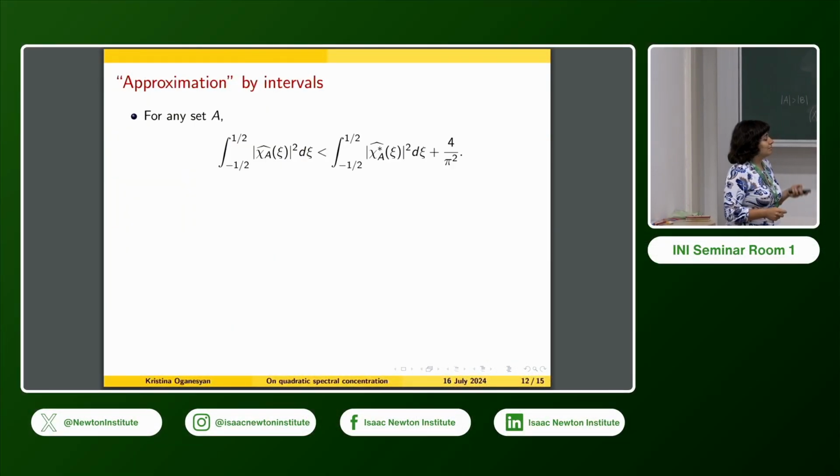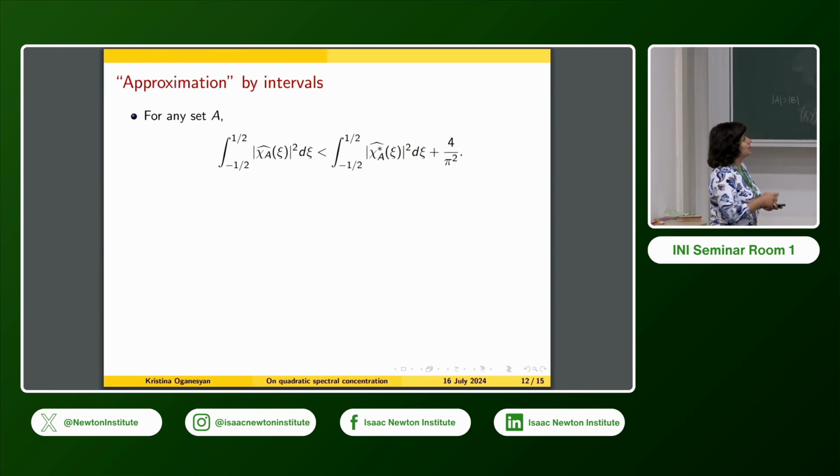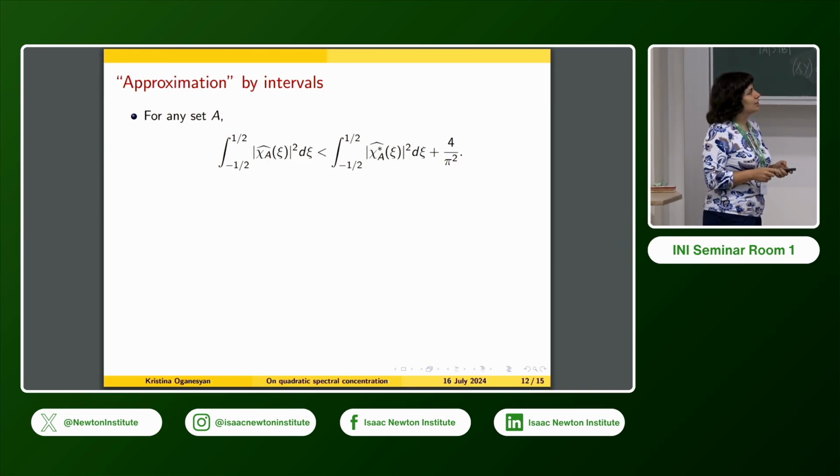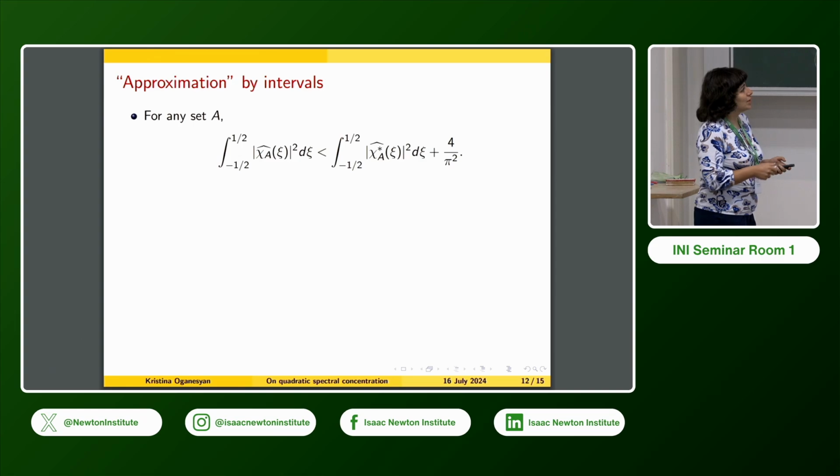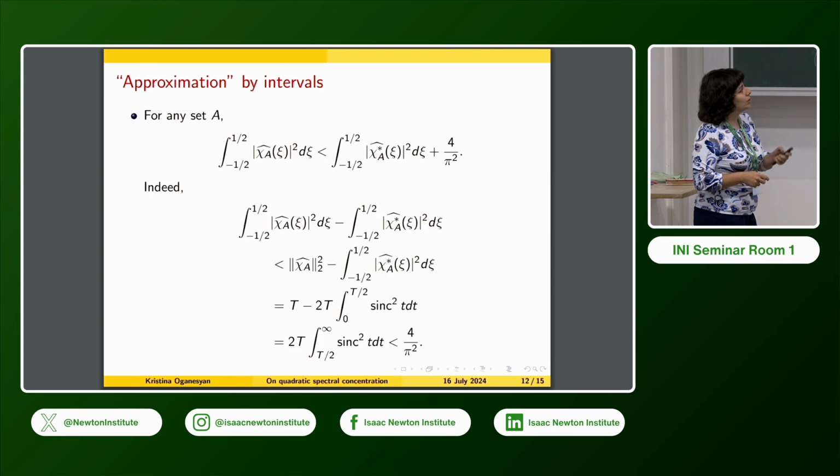So a very simple example, just to give you the flavor. Okay, another useful observation here is that even if we can do something better than an interval, it's still bounded by some constant. Why? Because actually the interval approximates very well the whole integral of your Fourier transform.